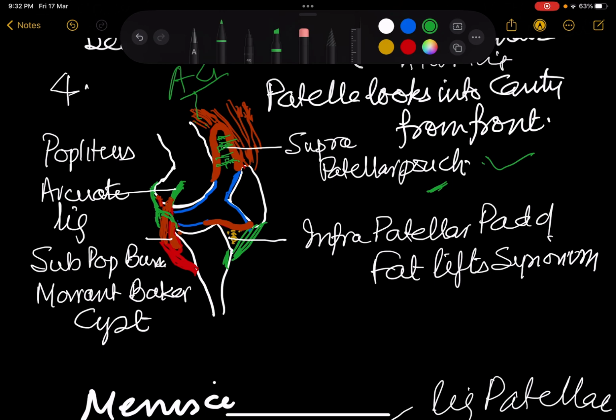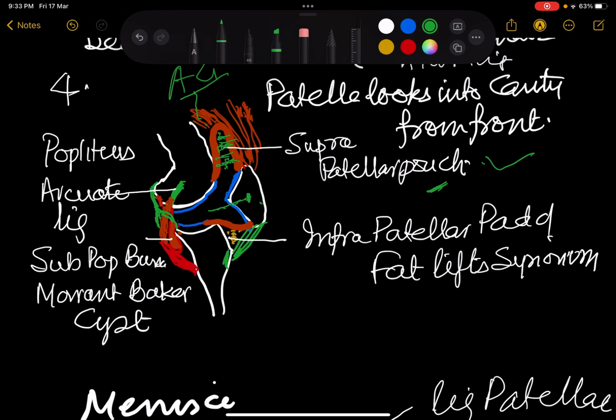So you will need an arthroscopic adhesiolysis in the suprapatellar pouch, so that flexion can be regained. Simultaneously, you may have to cut the medial and lateral patellar retinaculum up to the collateral ligaments to allow flexion of the patella.